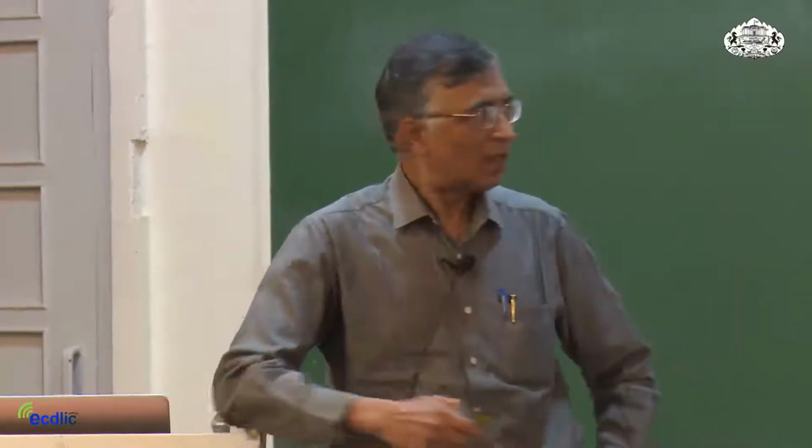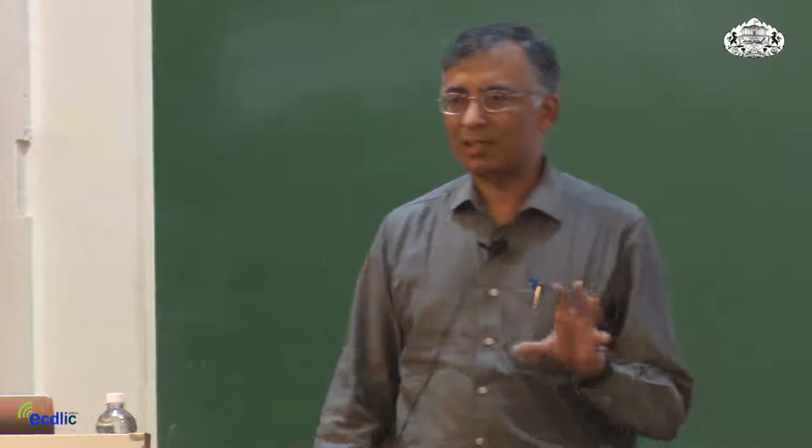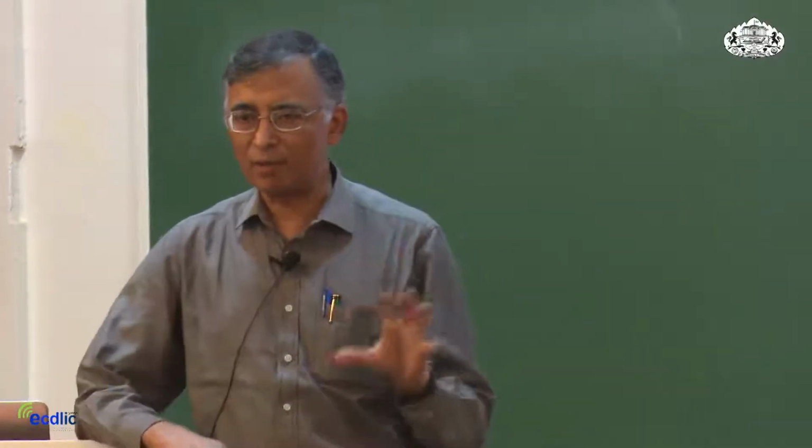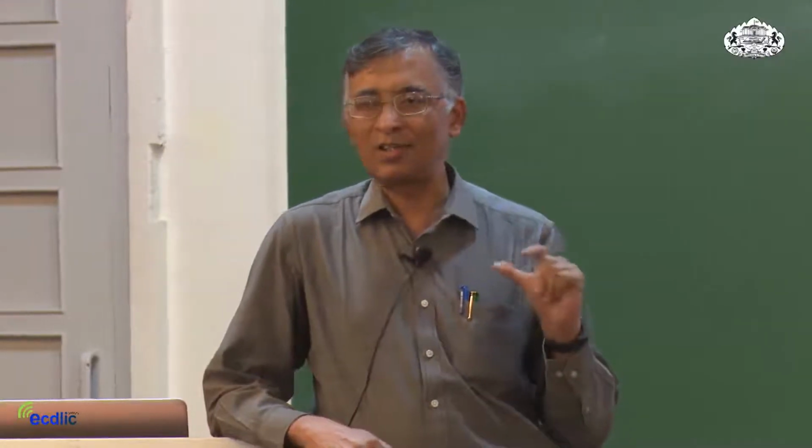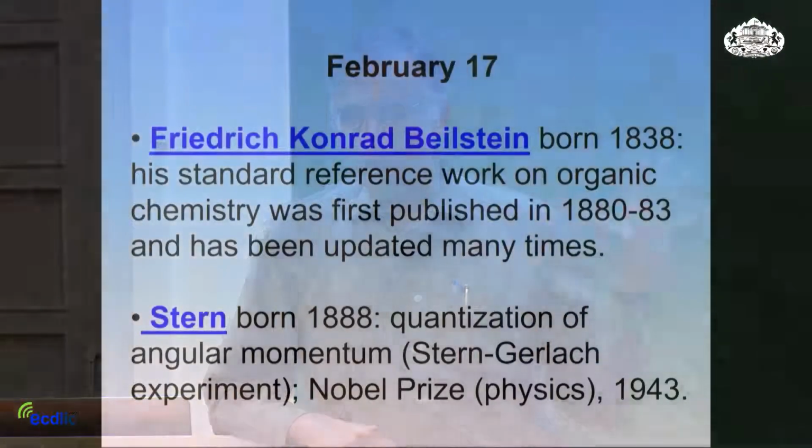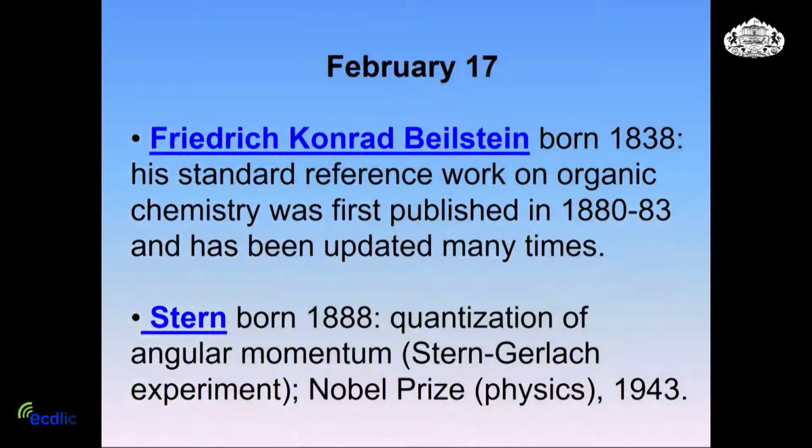Before I begin anything else, today happens to be 17th of February, and let's try to remember what has happened on this day in the history of science. The first one is important to organic chemists because this gentleman named Beilstein, now of course you have everything at the tip of your finger to access information, but for many decades, almost more than a century, people relied on the Beilstein volumes to look for information.